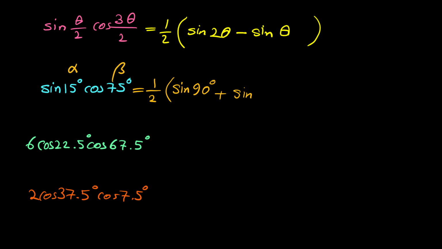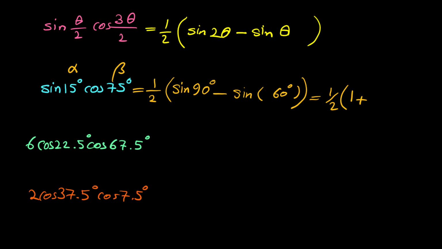Alpha minus beta would be 15 minus 75, which is negative 60 degrees. This equals 1/2. Sine of 90 degrees is 1. For sine of negative 60, we can move the negative out, so we erase the negative here and we put the negative outside.